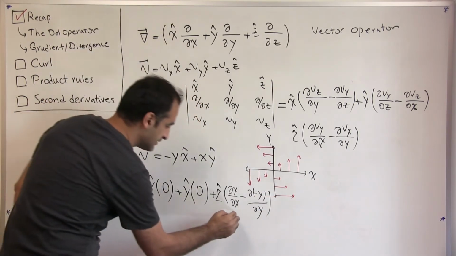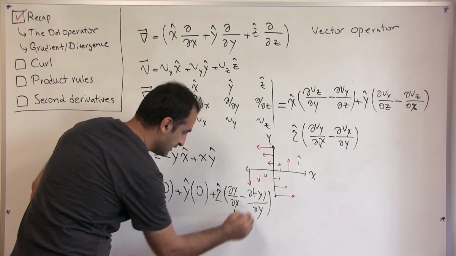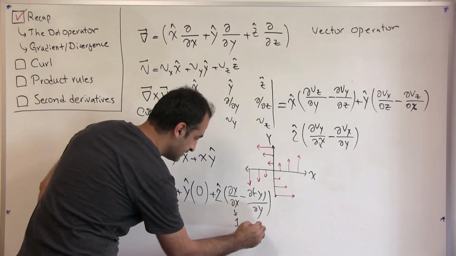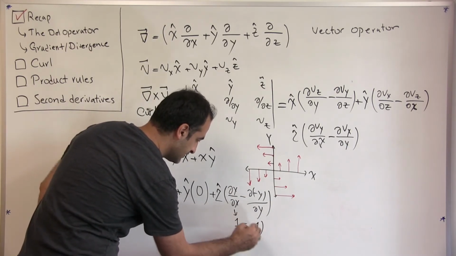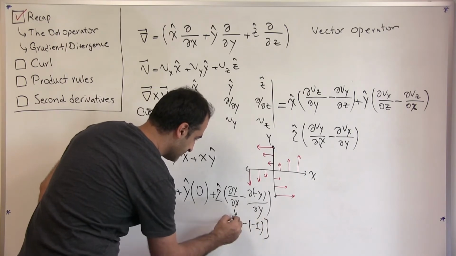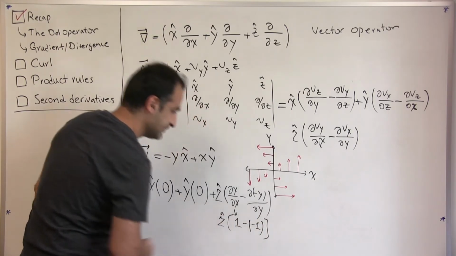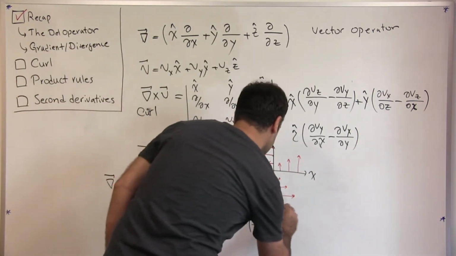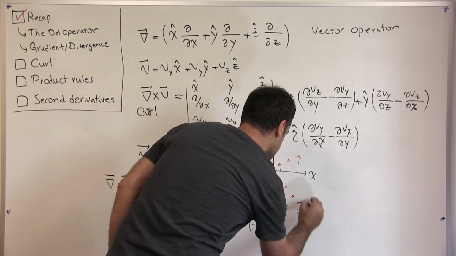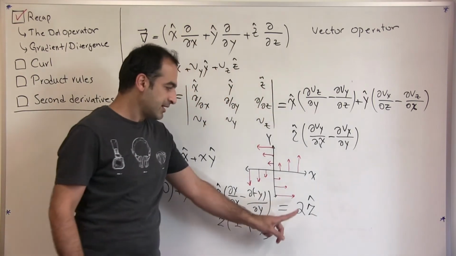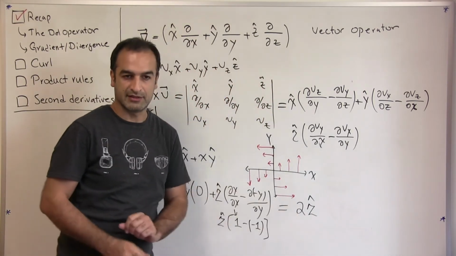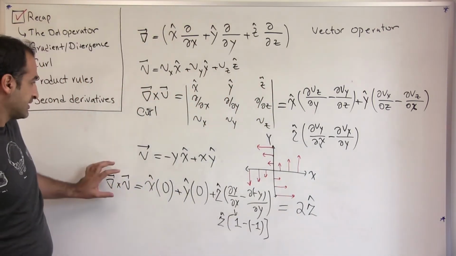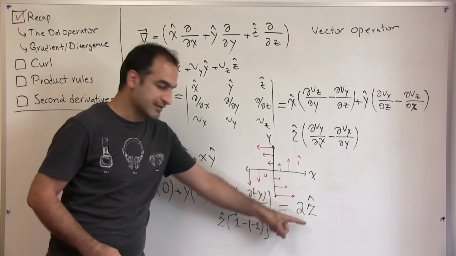So what is this? This is 1. The second term is negative 1. So 1 minus negative 1 in the bracket times z hat. Okay. So the curl is equal to 2 times z hat. It is a positive number in the z direction. Okay. So the curl of this field is in the z direction.